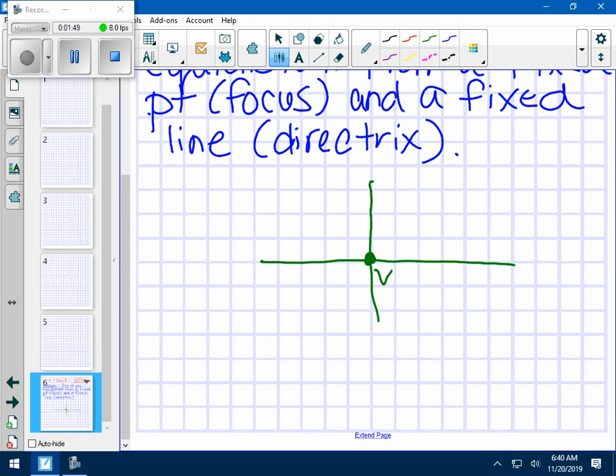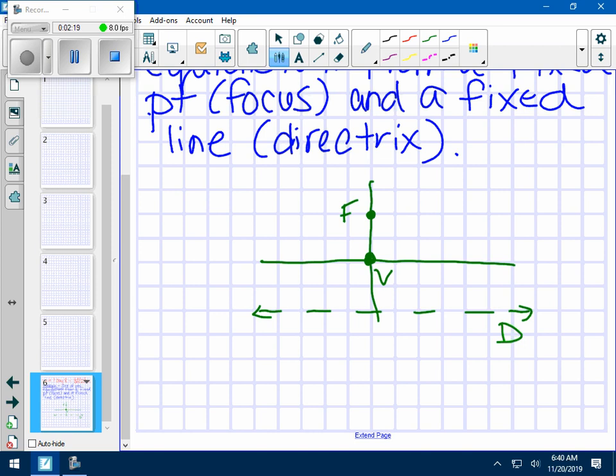If I go up a few units from the vertex, I'm going to call that the focus, point F. According to our definition, we have to go the same distance away from the vertex in the other direction and draw a line here. This horizontal line that I'm drawing in, I'm going to label capital D for the directrix. So far, the vertex on the parabola is equidistant from the focus and the directrix.